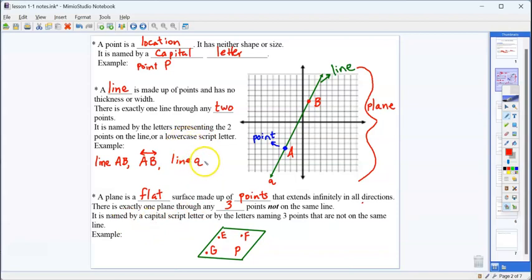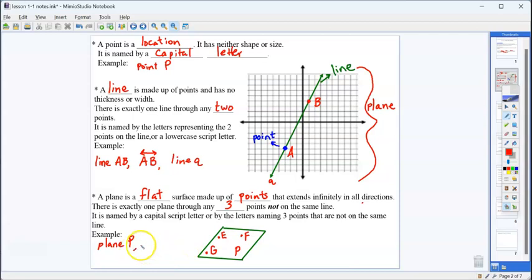A line uses a lowercase script letter. A plane uses a capital letter. So in this case, using my example, I would say plane P, if I wanted just to use the capital P. Notice this isn't a point, it's the actual capital letter name of this plane.